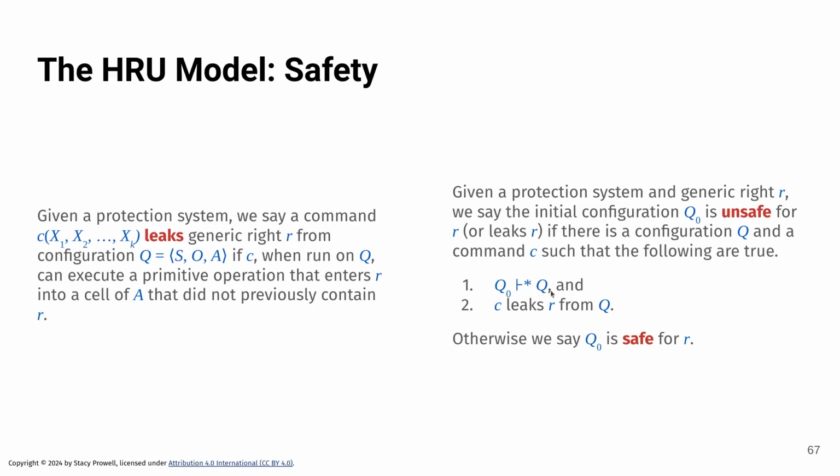I can evolve the state of the system from Q0 to Q, and at that point, the command C will leak the right R. So the command C at this point, operating in state Q, or in configuration Q, will result in the right R being placed in the table where it wasn't previously. Otherwise, we say Q0 is safe for R. All right. I hope you got all that.